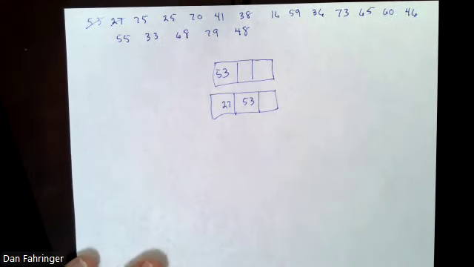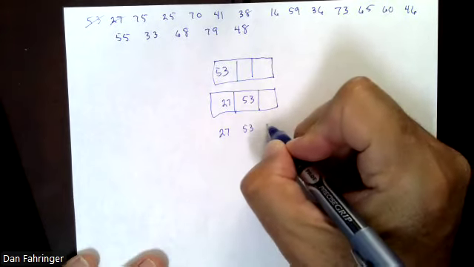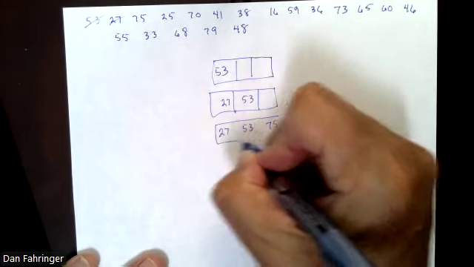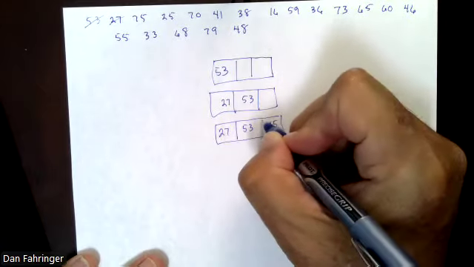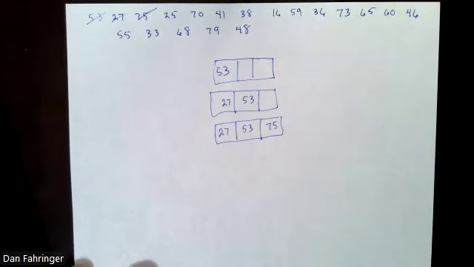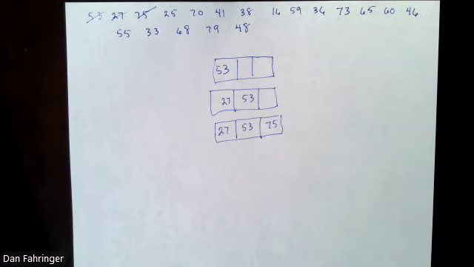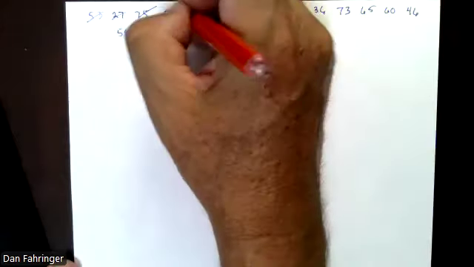Next number I'm going to add, 75. This is kind of easy. And the next number I'm going to add is 25. Boom, I'm out of room when I get to 25.